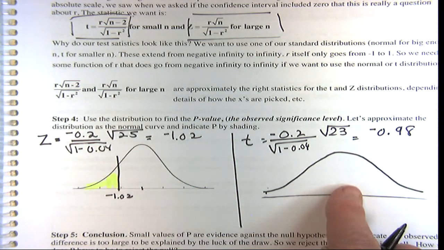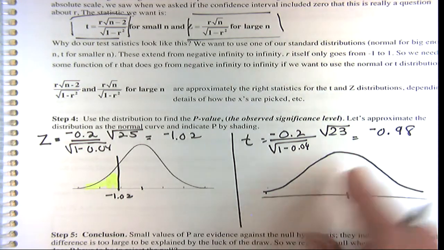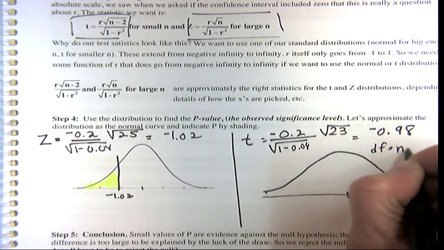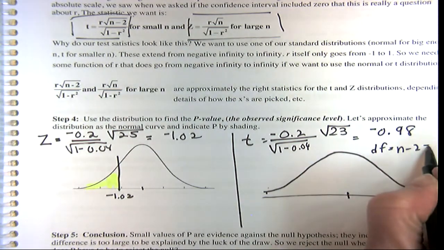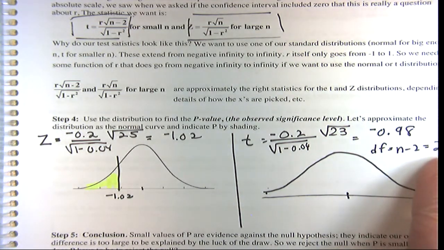Well, which t? T's are hard to get an intuition for because each t curve is different. So this is the t curve with degrees of freedom equal to n minus 2, and n is 25. So that's going to be 23 degrees of freedom.